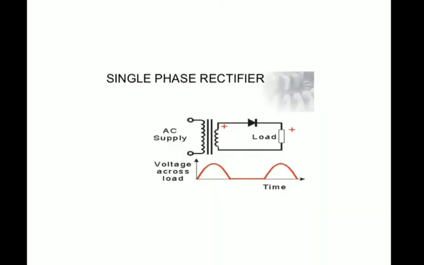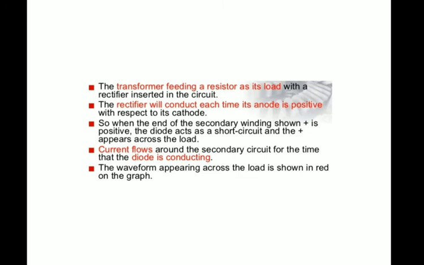Single phase rectifier. Again we are going to review the single phase rectifier. So the input is AC, the output is DC, and it is a pulsating DC, and the number of diodes used in the single phase rectifier is 1. Similarly, the transformer feeding a resistor as its load with a rectifier inserted in the circuit.